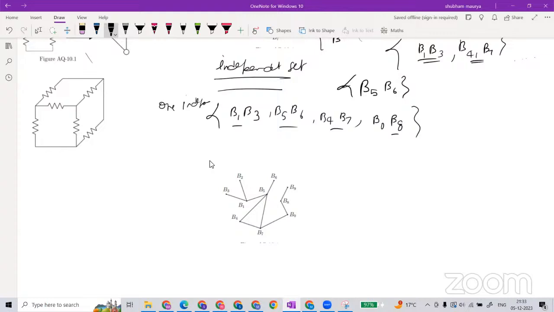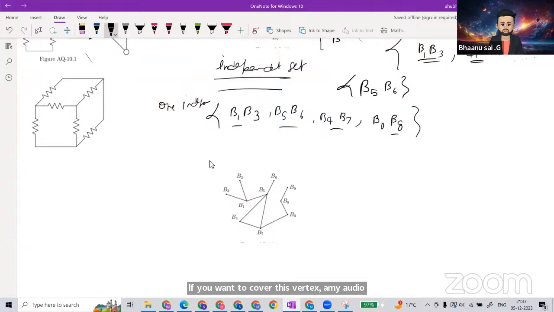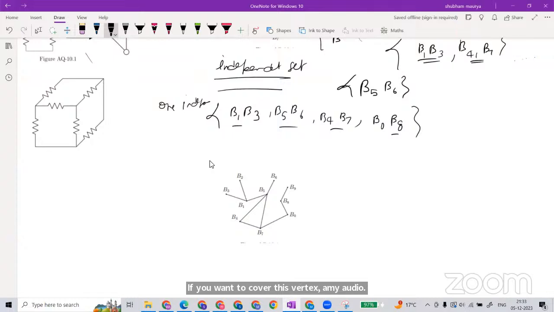If you want to cover this vertex, am I audible? A second. If you want to cover this V9, anyhow we have to choose this one. Even if it is not possible to choose all vertices, you can say this is going to be the maximum independent set.